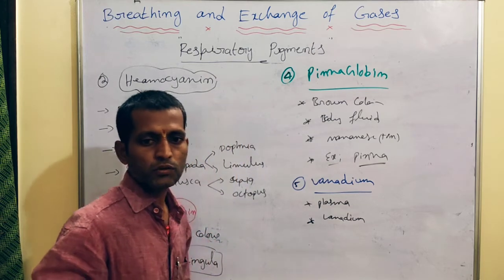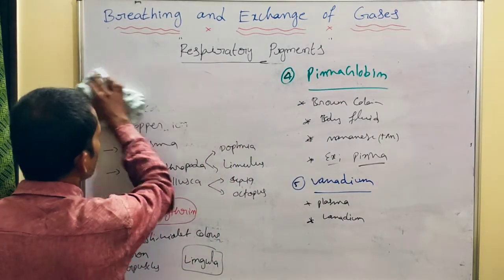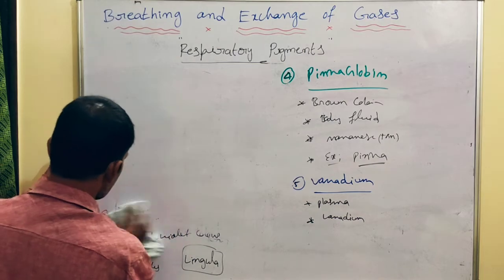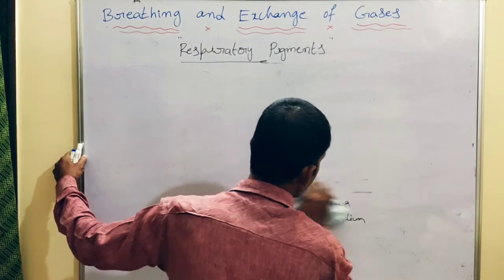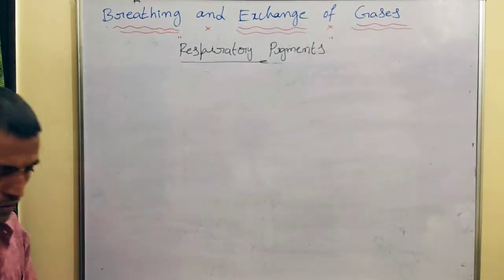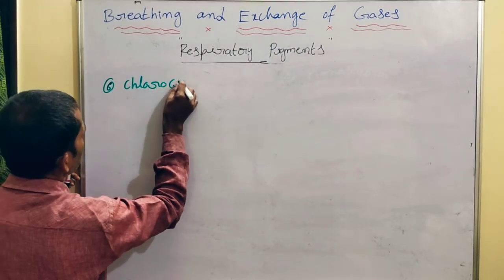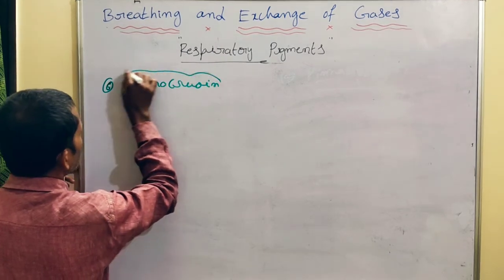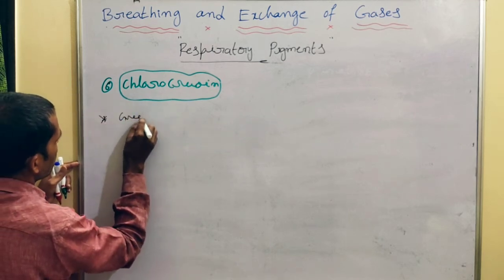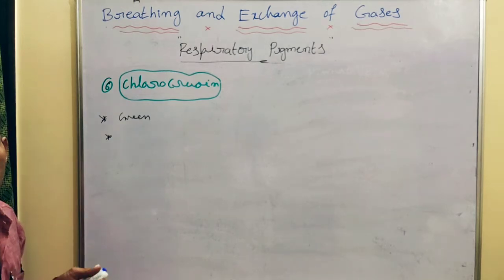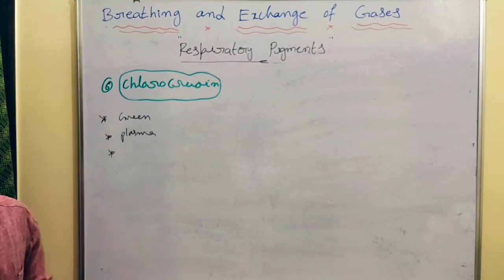Next, the sixth one is chlorocruorin. It is a green color pigment present in plasma.